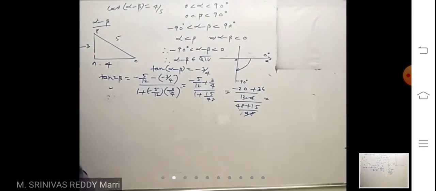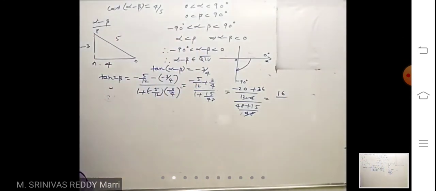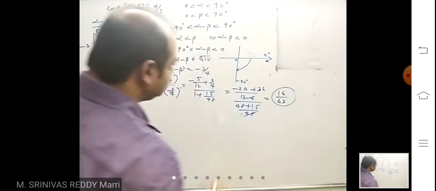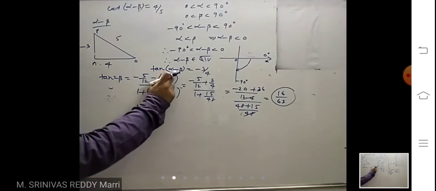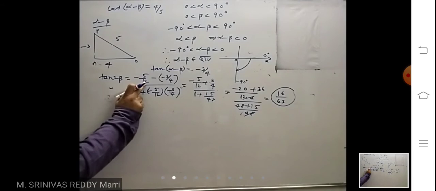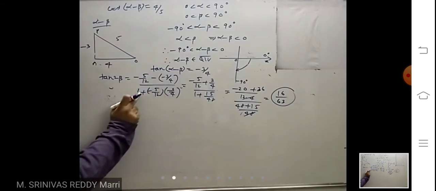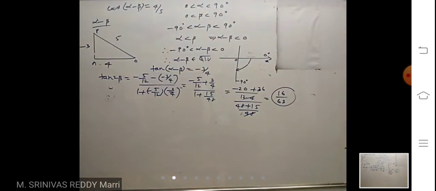So what is 36 minus 20? 16 divided by 63. That is the value. Just after calculating tan of alpha plus beta and tan of alpha minus beta, I have written tan of alpha plus beta minus tan of alpha minus beta divided by 1 plus tan of alpha plus beta into tan of alpha minus beta. Then you will get the value like that.